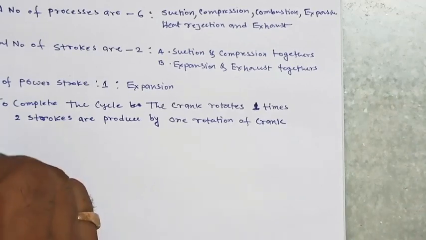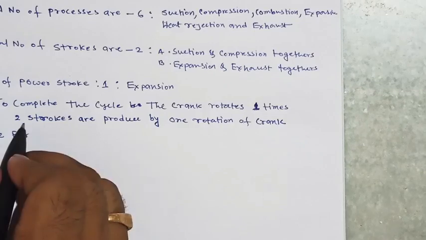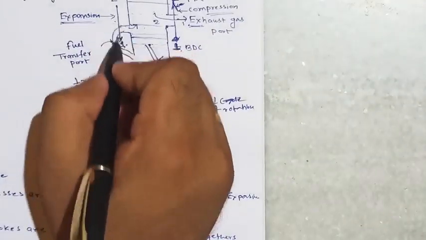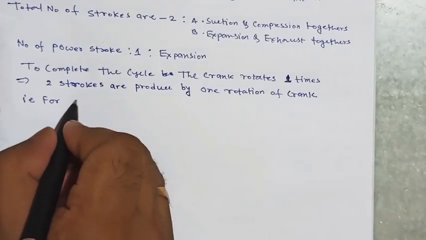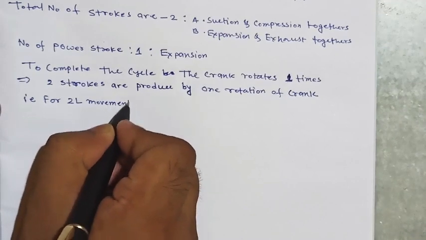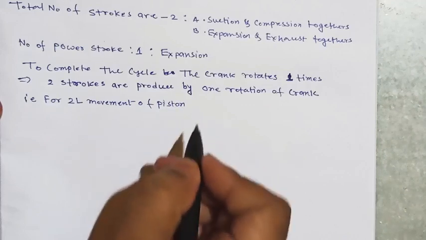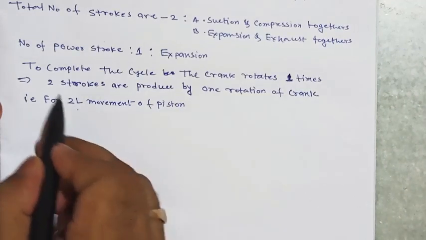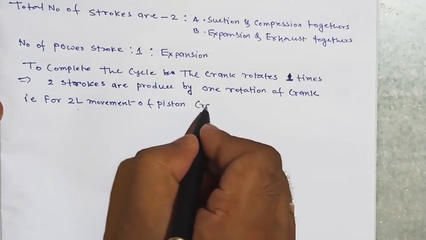I can write, 2 strokes mean 2L. One stroke is L movement and this is L movement. So I can write this, 2L movement of piston. 1 stroke means 1L, 2 strokes means 2L movement of the piston.